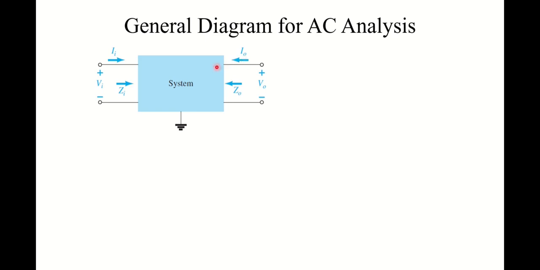If you come across a system with any of its currents leaving the system, you must attach a minus sign with it. The polarities of Vi and Vo are also shown in this diagram. If any system has a different polarity, then a minus sign must also be assigned to it.